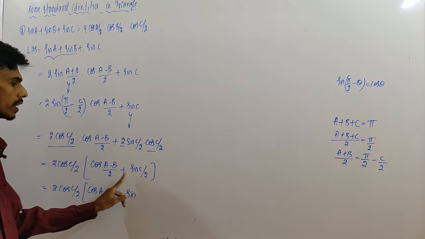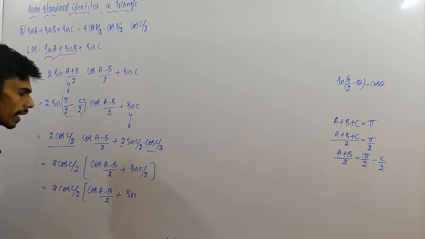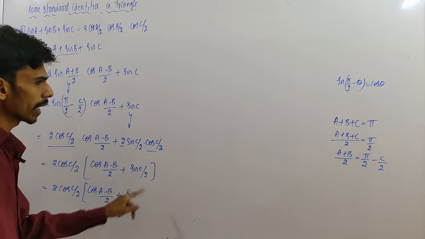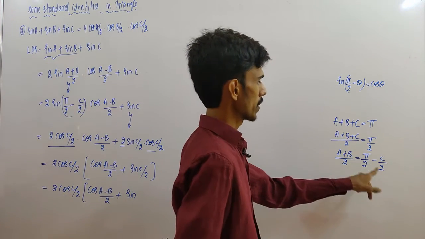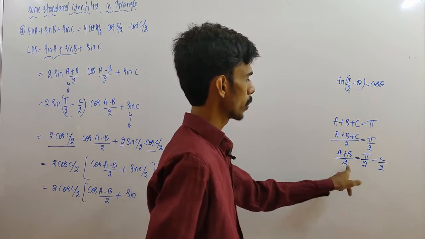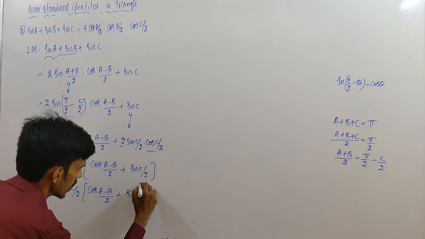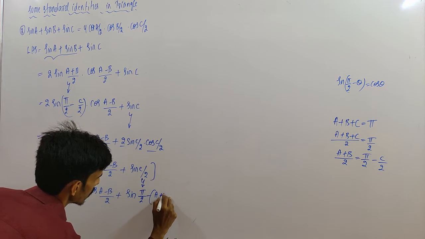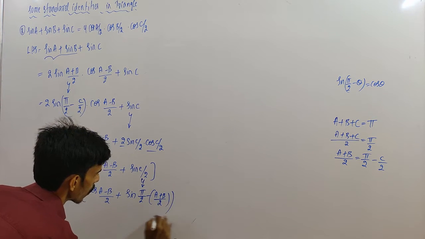Here we have the A and B relation, here we have C. So try to arrange this equation in terms of only A and B. So remove this C by 2 from here. From this, the value of C by 2 is pi by 2 minus (A plus B) by 2. So this C by 2 can be written as pi by 2 minus (A plus B) by 2.